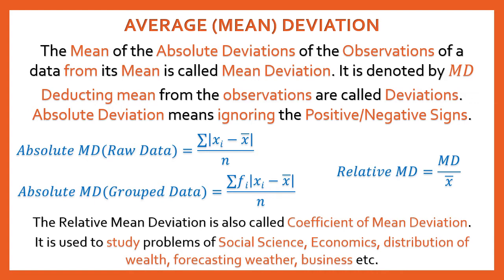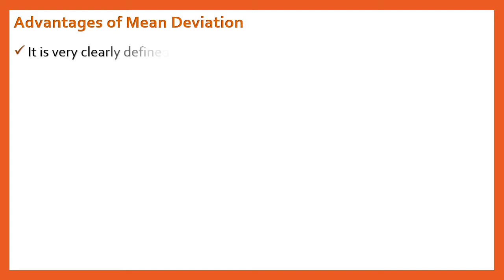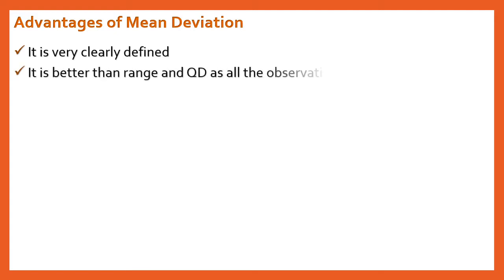Now before we move forward, let's check out the advantages and disadvantages of the mean deviation. Advantages of mean deviation: it is very clearly defined. That means the definition of this formula is clear and rigid. It is better than the range and quartile deviation, as all the observations are used in the calculation of this measure.